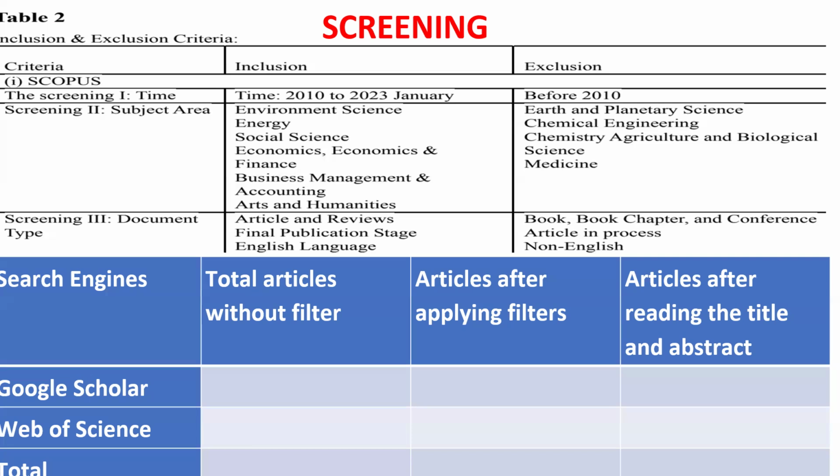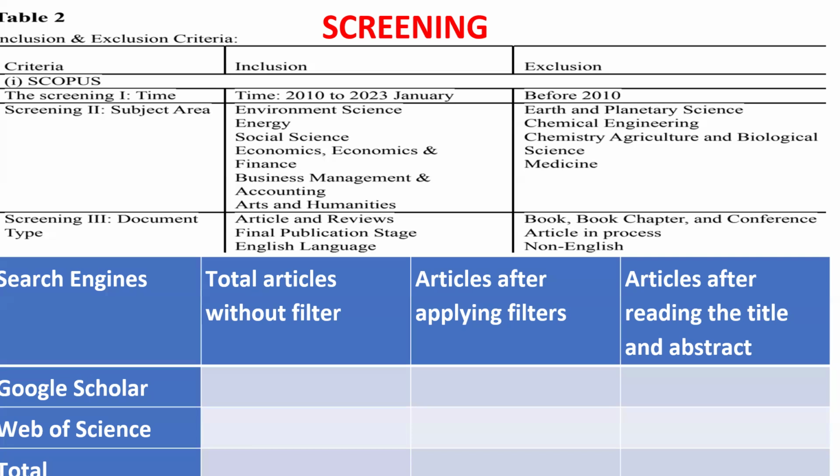Number three, what type of document you want to review: full article, scientific article, review article, thesis, dissertation. What are you planning to include and exclude? You have to identify those. According to that, you could find what is coming under your inclusion and exclusion.